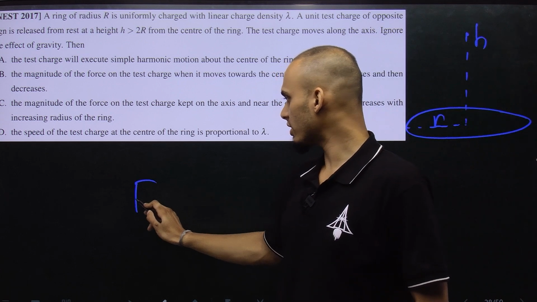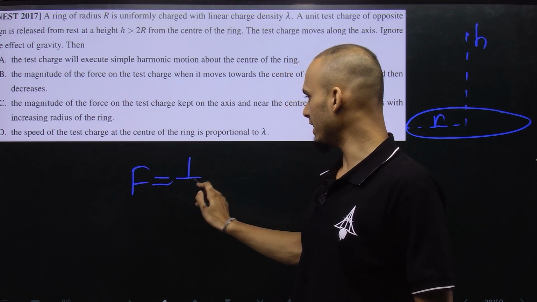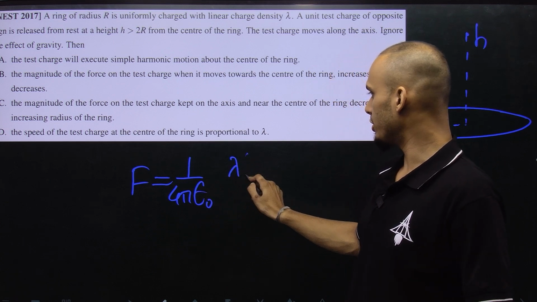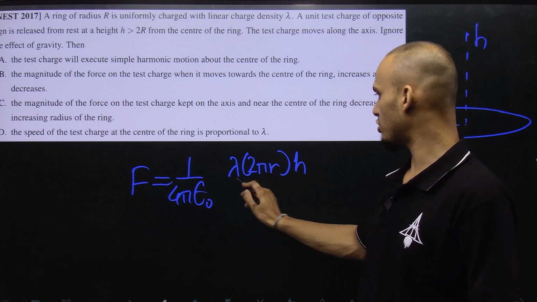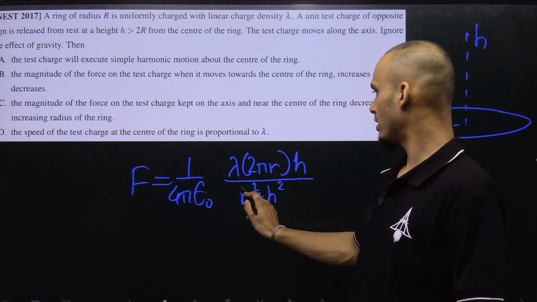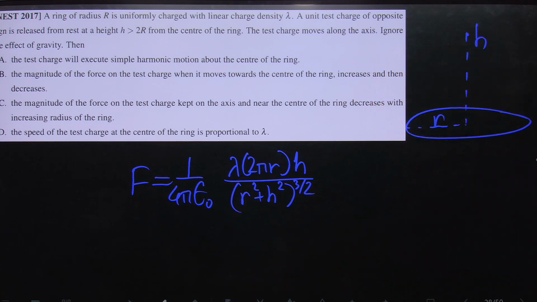If you don't, then you will have to sit and derive it in the exam. 1 upon 4 pi epsilon, lambda into 2 pi r, which is the total charge of the ring, into h upon (r square plus h square) raised to 3 by 2, is the force on any test charge kept at a height h on the axis of a ring.